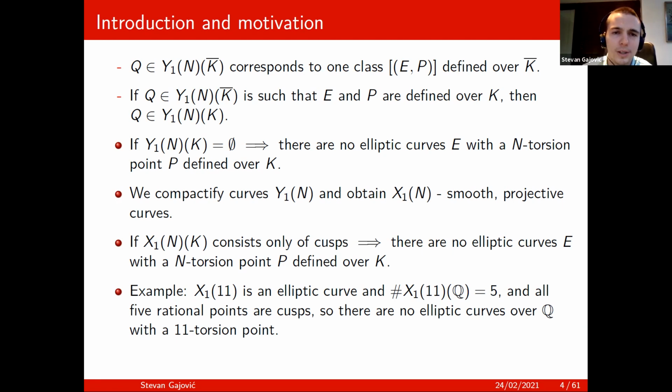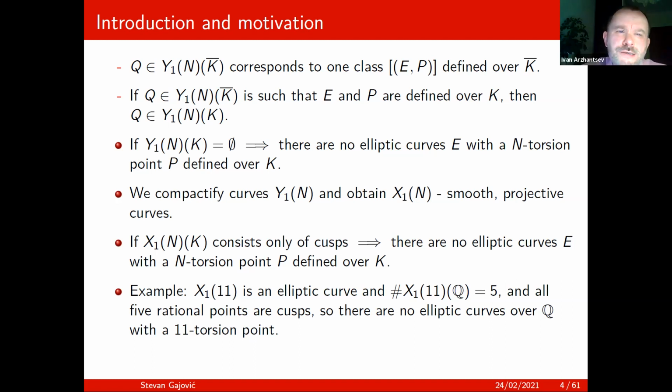And of course, if E and P are defined over K, then the point will itself be in K. So if there are no points on Y1(n)(K), then there are no elliptic curves with an n-torsion point defined over K.